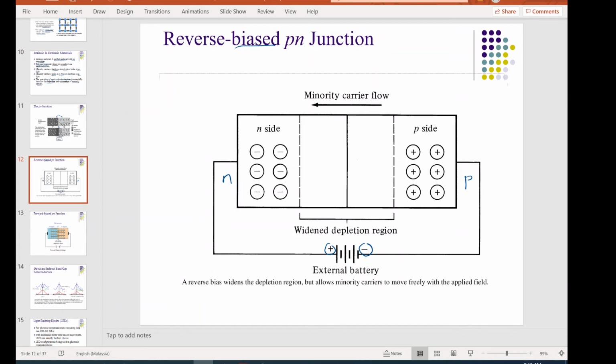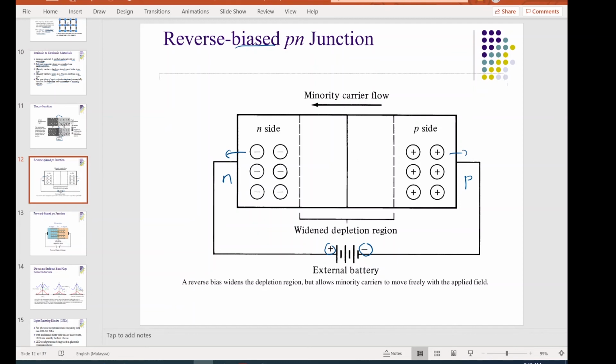When we do this, the majority carriers in the p-type will be attracted to the negative terminal, and at the n-type, the majority carriers will be attracted to the electrode.